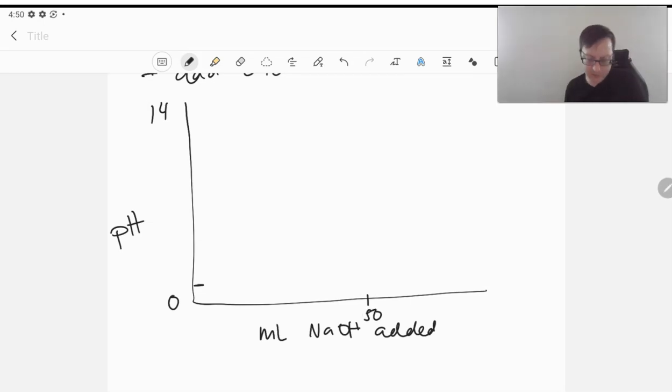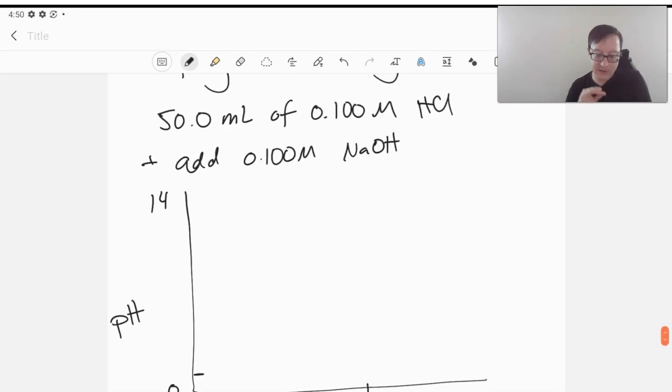For right now, we'll just include 50 because that'll be the point where we've neutralized the solution, because 50 mL of 0.1 molar HCl will react with 50 mL of 0.1 molar NaOH. These usually don't have limiting reactants or anything like that. The theoretical yield is very, very high, as is the actual yield. So with these, they work out really well.